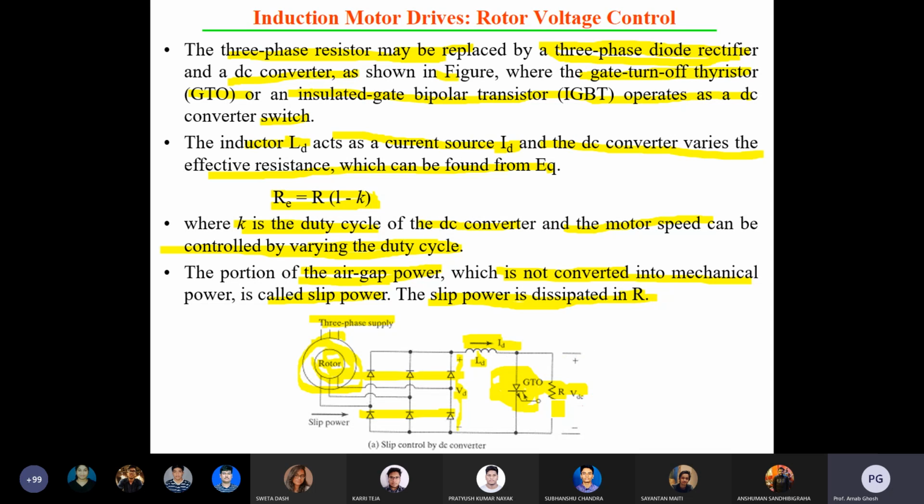Slip power is dissipated in the rotor resistance R. That slip power can be fed back to your main bus and you can utilize the power. That is why one terminology is slip power recovery. So here you can see the slip control by the DC converter, where you can control it without a lot of loss.